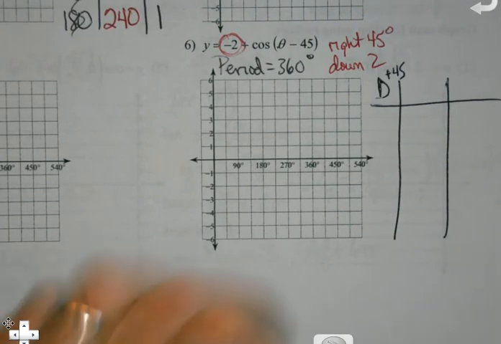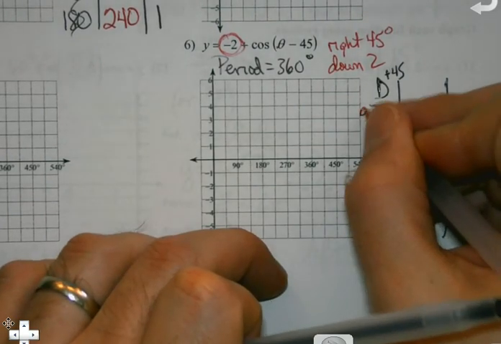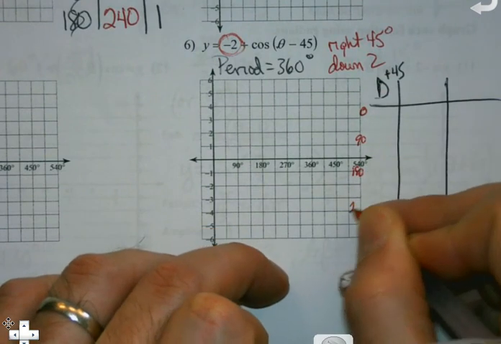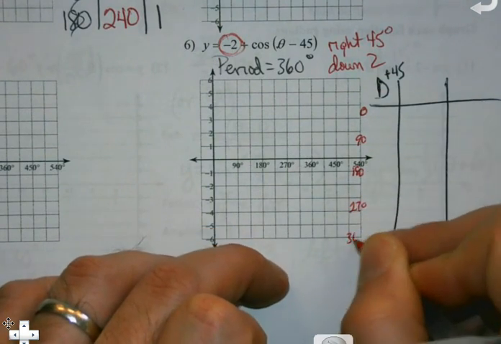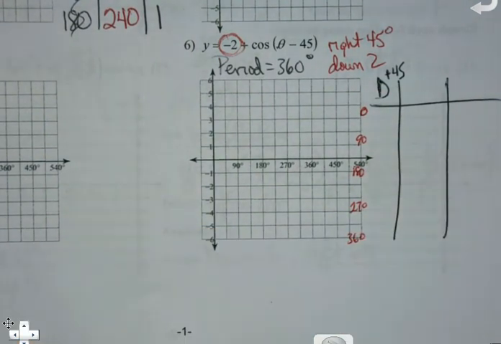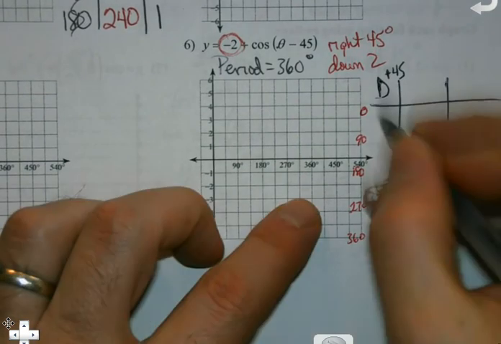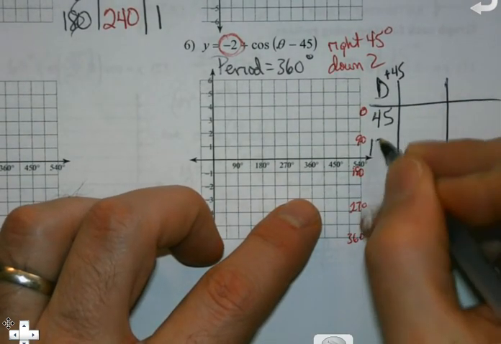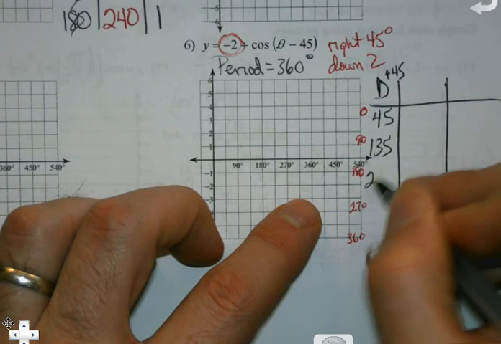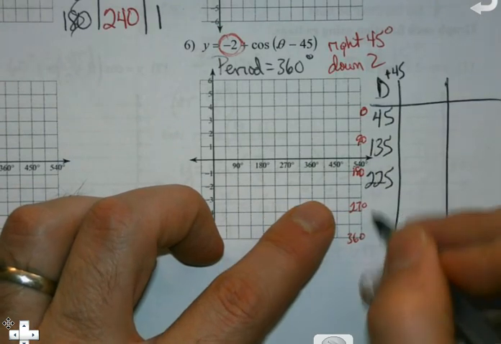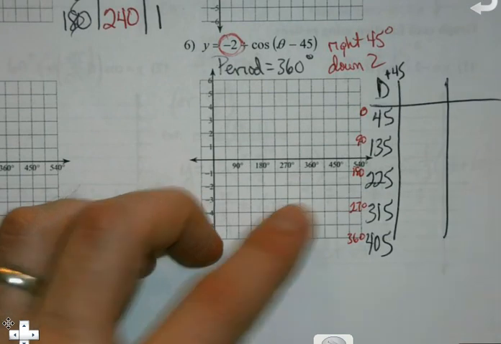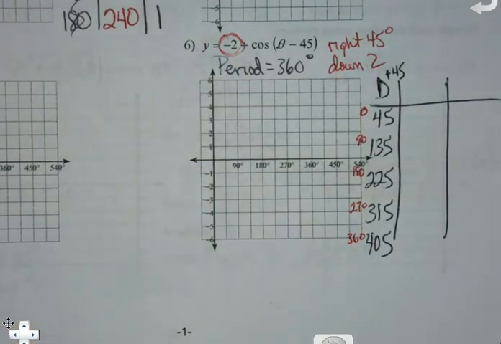This is something I catch myself doing a lot: I'll make myself a little mini reminder of what my values are. Then I go, okay, 0 plus 45, 90 plus 45, and just keep adding 90 once I get that first value in there. My period's still 360. It's still 405 minus 45.